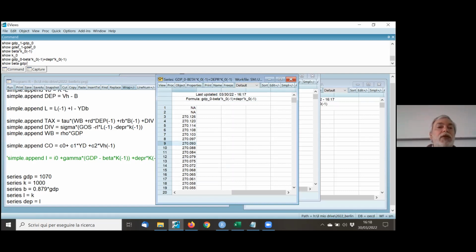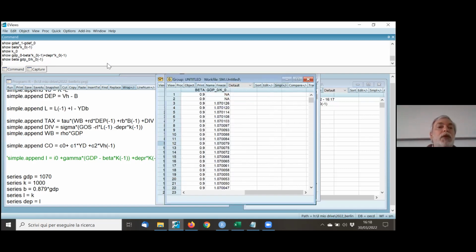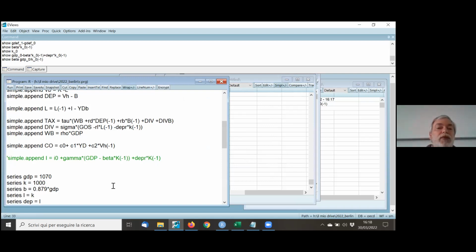So if the two are different, this should converge to 1.07.